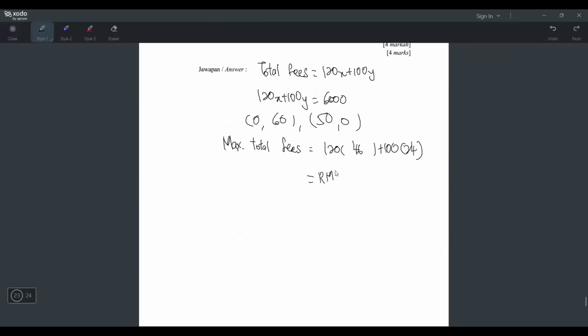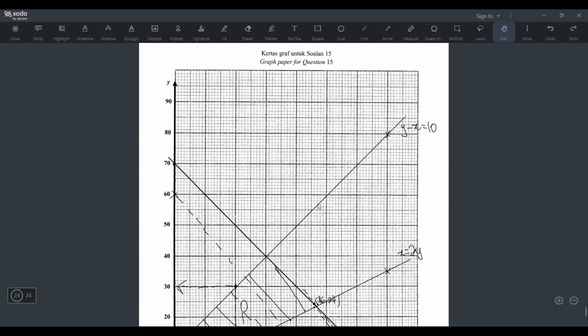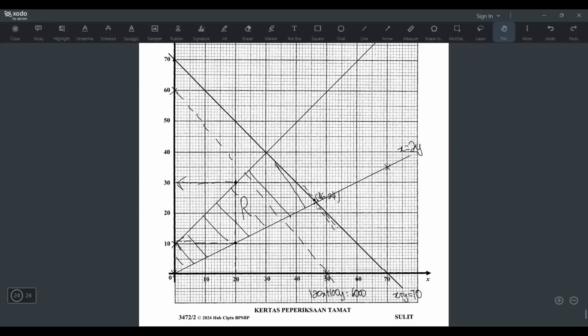So you just have to remember one thing. When the coordinate is difficult to read, or when you read it you get decimals, then you have to take another point that is near to the bucu, and you will always choose the coordinate inside the shaded region. And also if they want maximum, you always choose the one more to the right and more to the top. You understand? More top right.